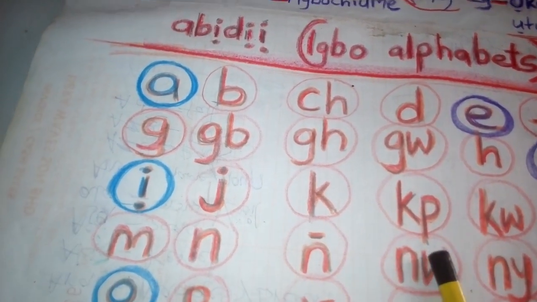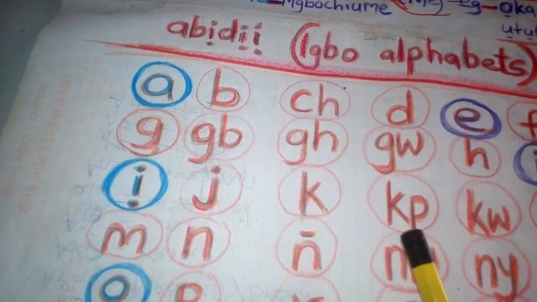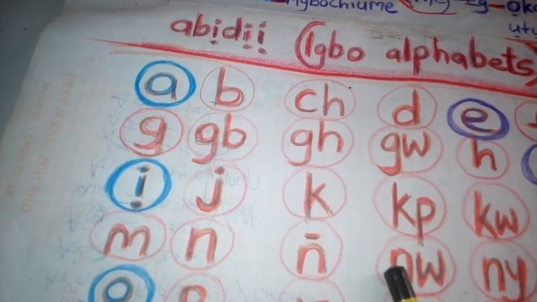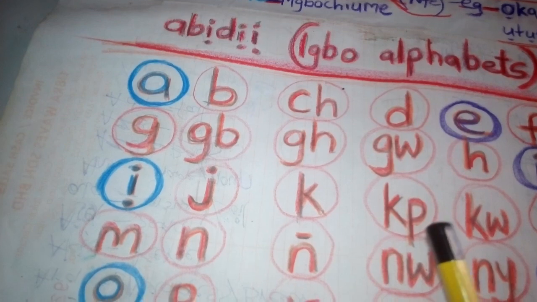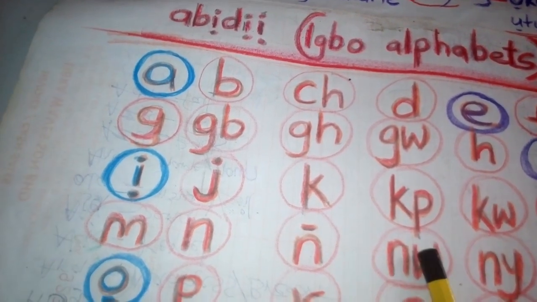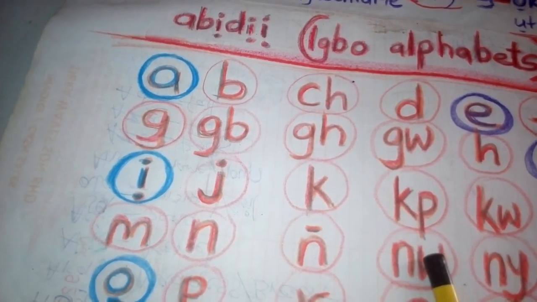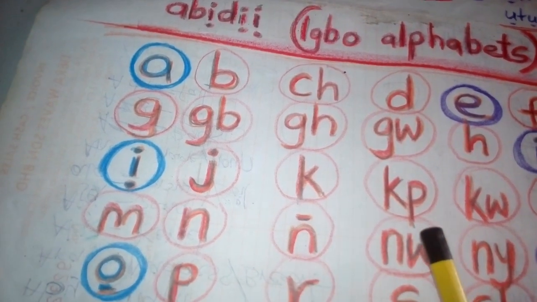So you need to know the difference between consonants and vowels. Consonants are the non-vowel letters of the alphabet.